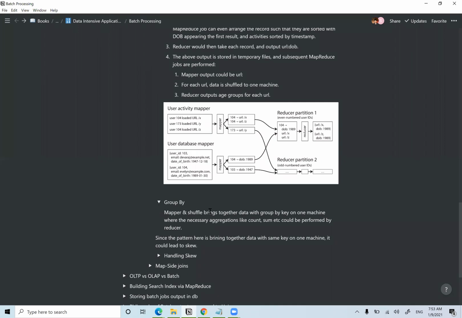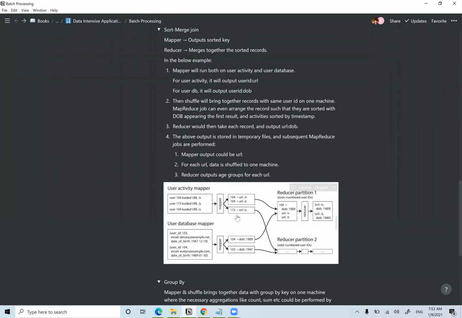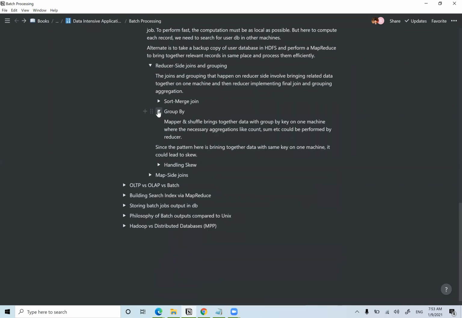Then whatever we had to do, let's say we have to sum the page view count, that sum part could be done by the reducer. Whatever aggregation we need to do, count or sum, could be done by the reducer. So that was joining and grouping on the reducer side.